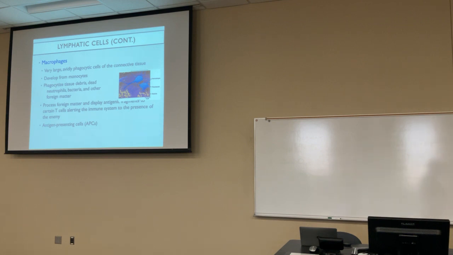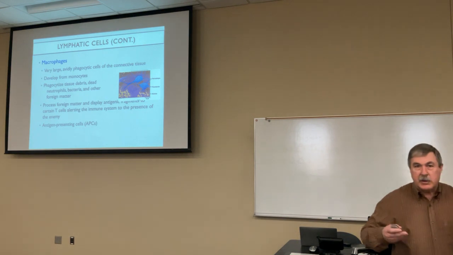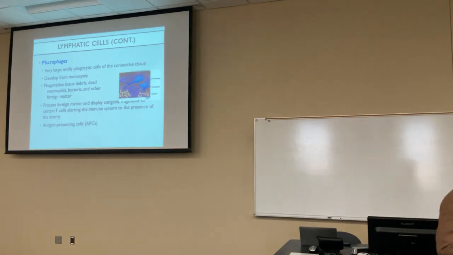And when they display those antigens on their surface, along with self markers, that attracts and activates a T cell, which can stimulate B cells to start multiplying in order to produce antibody-producing plasma cells.